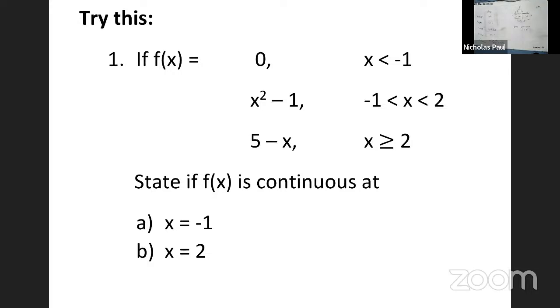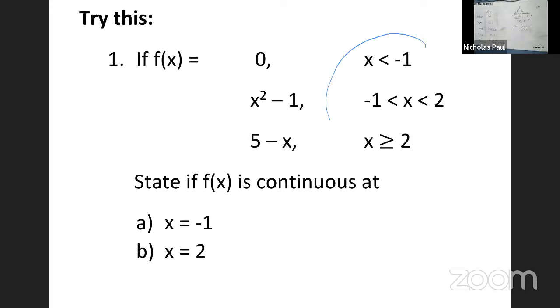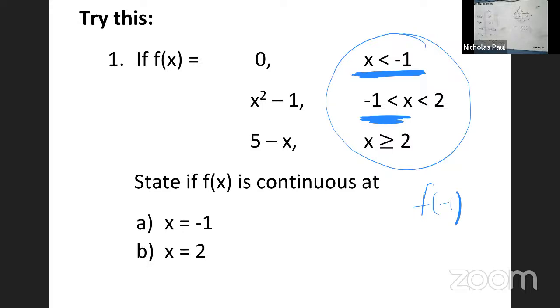Look at the range here. Look at these values. Is it defined when x is -1? No. -1 is not defined here, -1 is not defined here. So therefore, f of -1 is not defined.